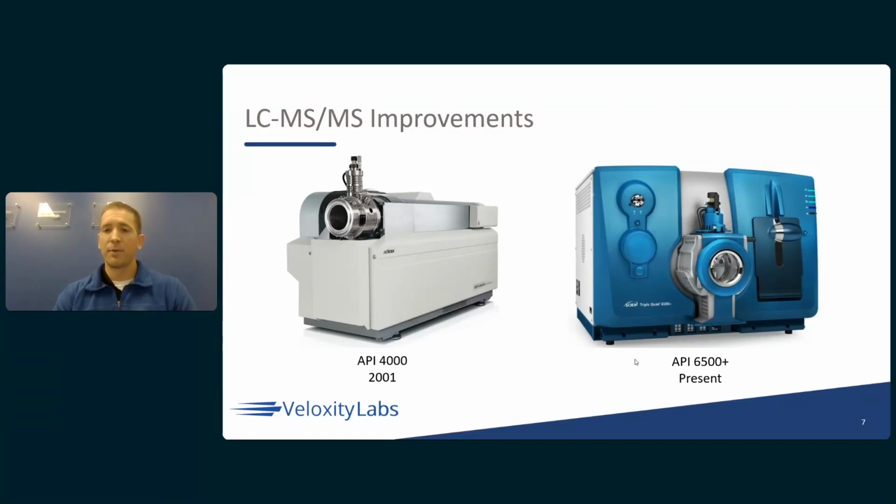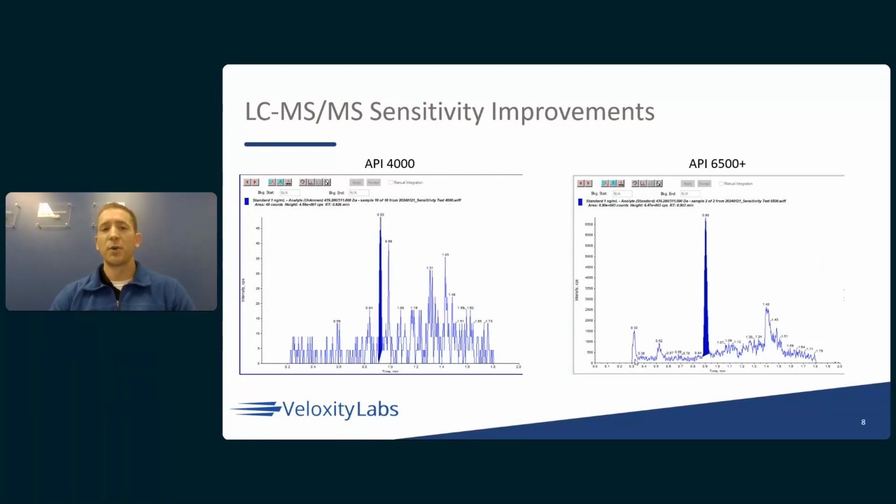When the 4500 debuted, they re-engineered the geometry of the quadrupoles, which helped filter out some additional background noise. And there were also significant improvements to the ionization source to increase ionization efficiency and ultimately produce more ions, giving us more sensitivity.